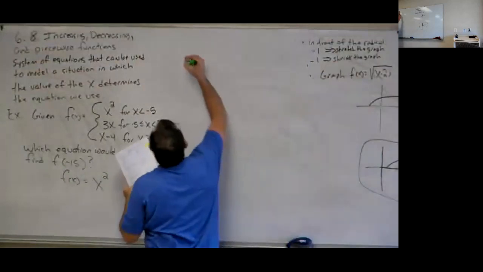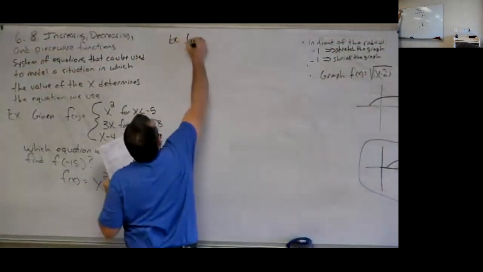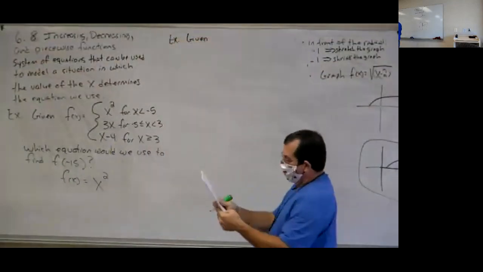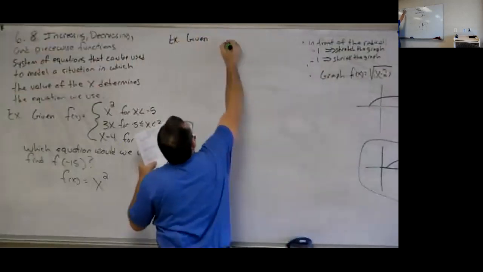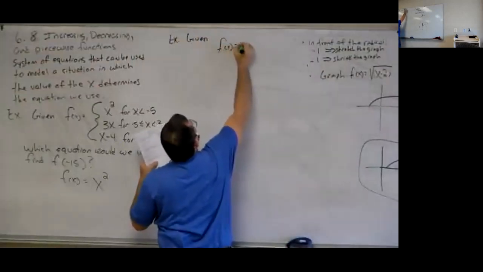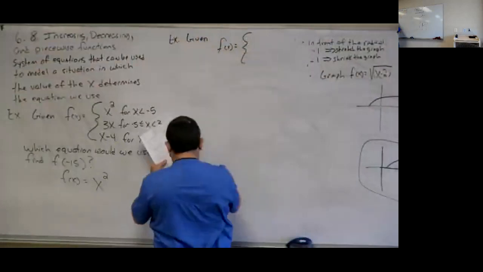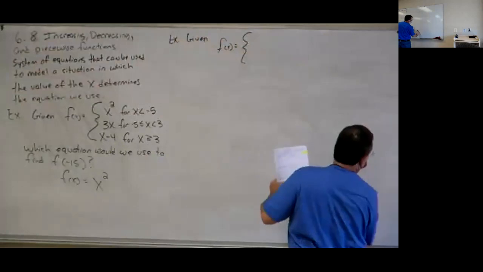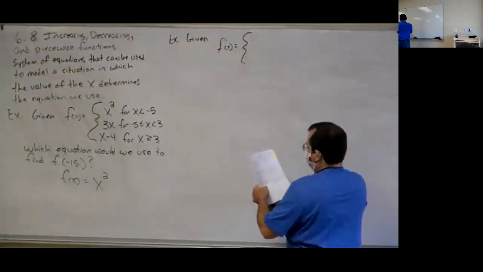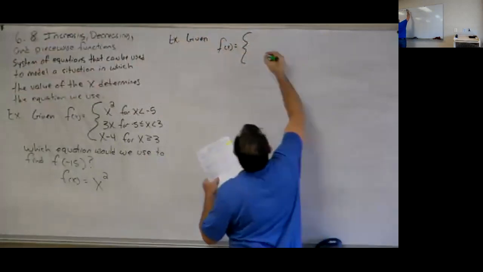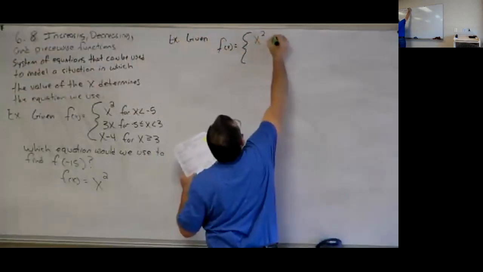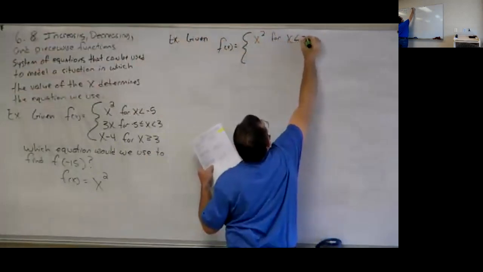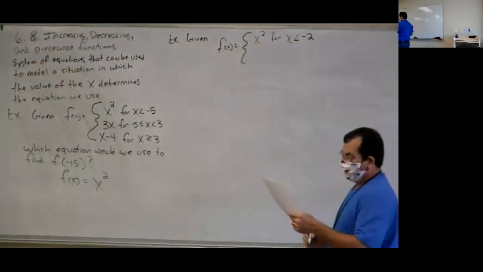All right, so we'll try one more of those. Given, this time it still has 3 equations. f of x equals x squared for any x less than -2.